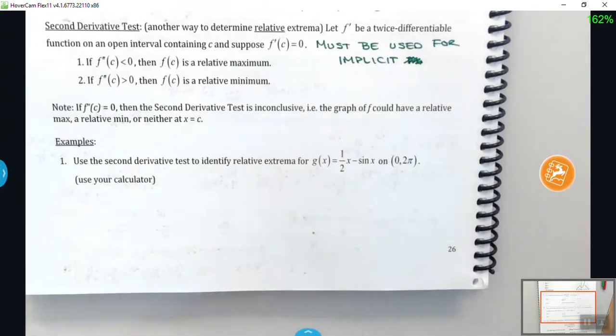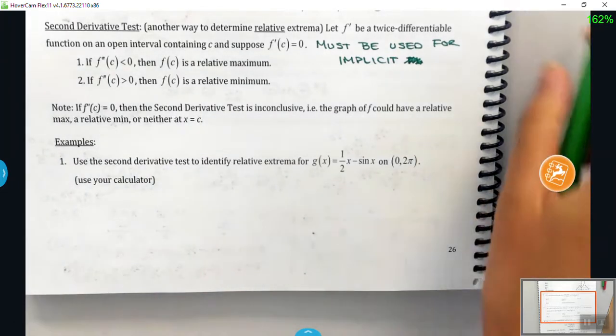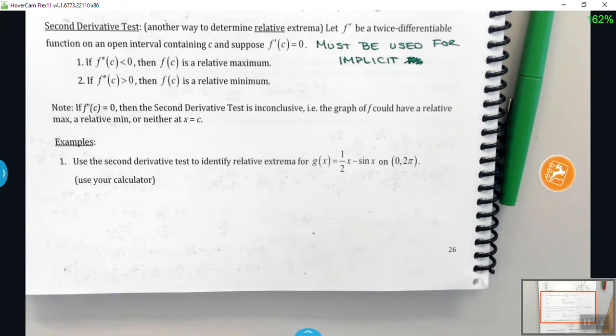Not implicit functions, because they're not functions, since they don't pass the vertical line test. Think about an implicit equation like x squared plus y squared equals 4. That's the equation of a circle, right?